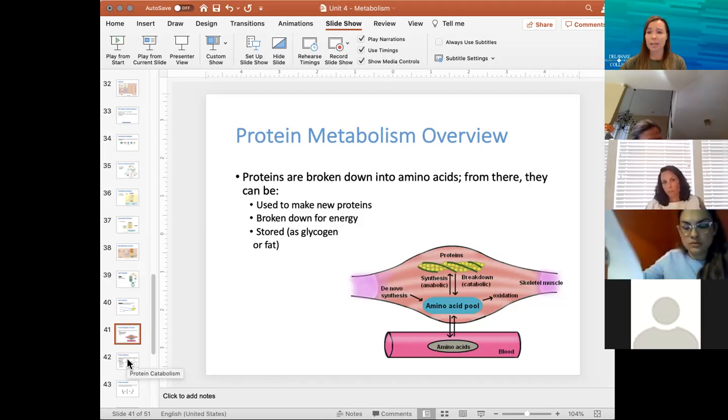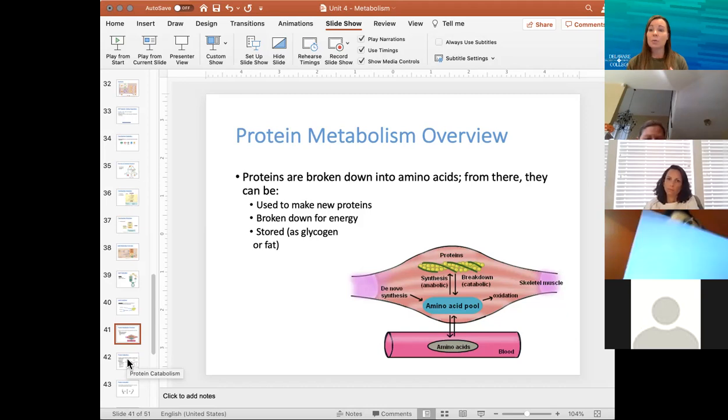Do you see where that is on the next page after it discusses protein metabolism? Okay, so basically you're constantly breaking down organic molecules like carbohydrates and proteins and fats and rebuilding new organic molecules.